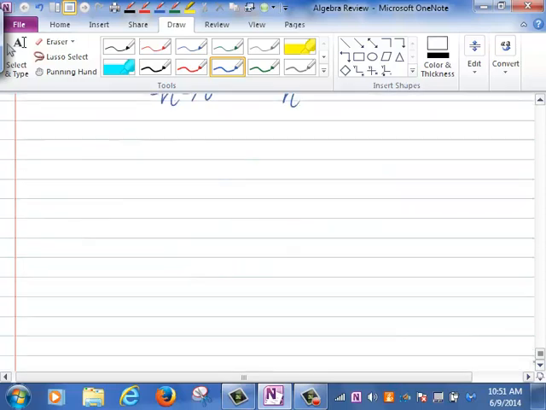And just to give you an example of that, if I have the function f of x given by, let's say, root x, okay, root x, then what is f prime of x?